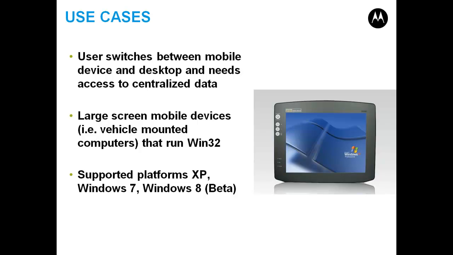So first off, let's talk a little bit about why you would want to do this. This may not be something that everybody wants to do, but some situations definitely come into play here. The first case is, let's say you have a manager or somebody that's semi-mobile. They're typically sitting behind the desk or on a laptop, and then maybe they're in the warehouse or wandering around, mobile, and they have a mobile device on them.